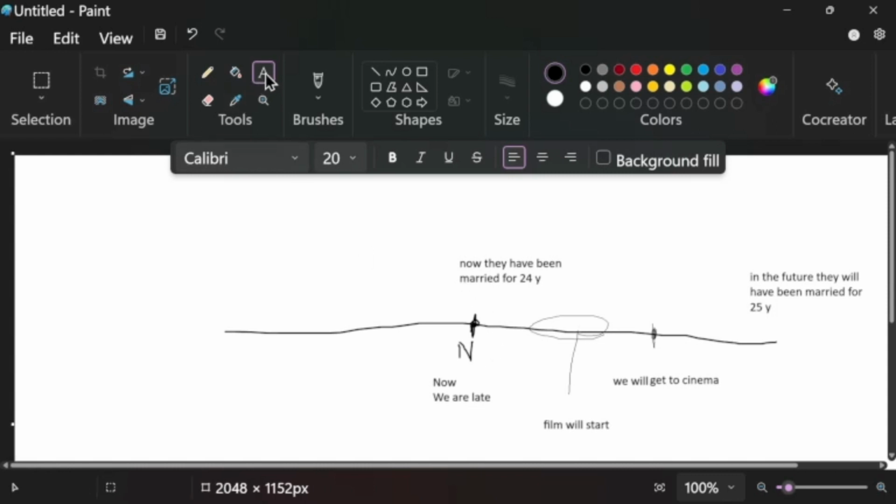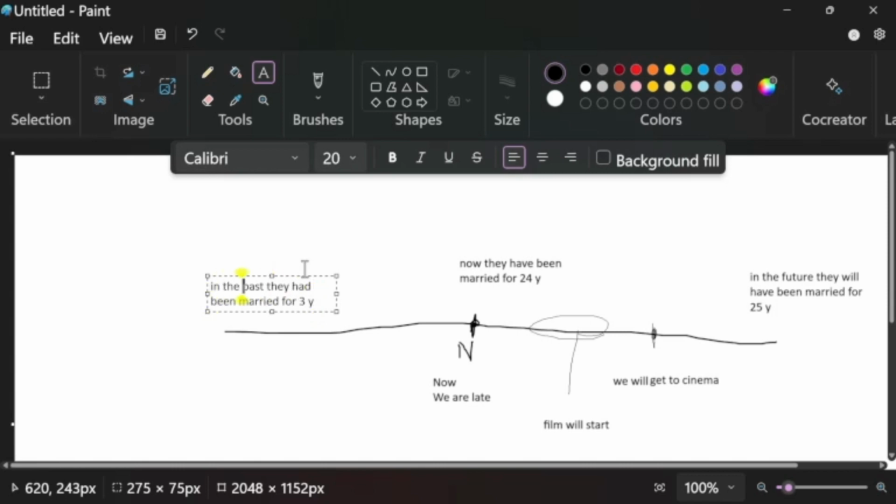Okay, let me finish this example and I give you this other example. So now in the past, they had been married for, for example, 3 years. So in order to explain when did this happen, you have to give another action.